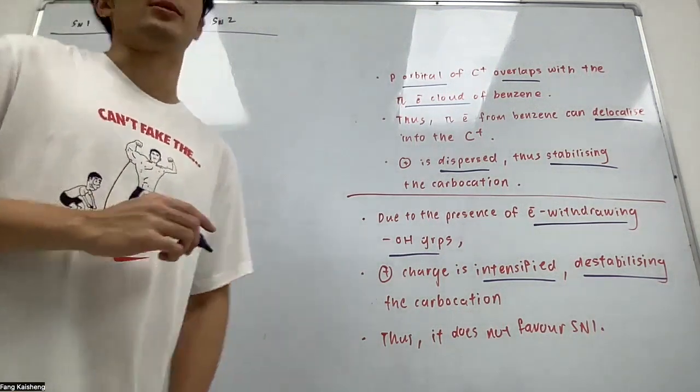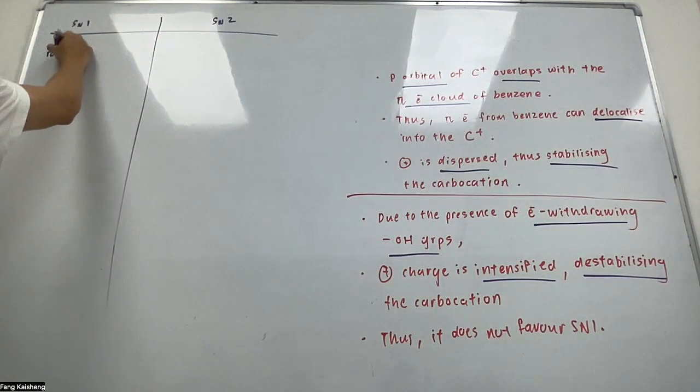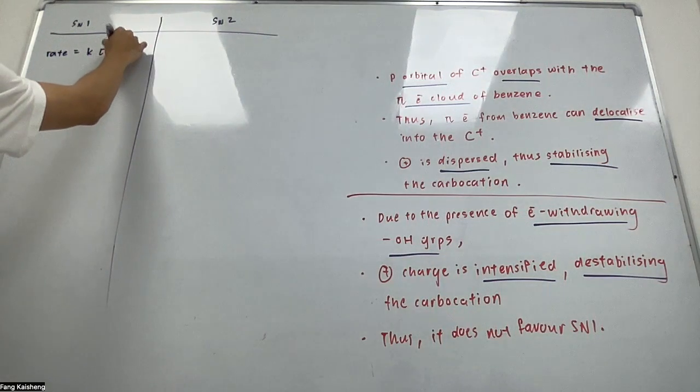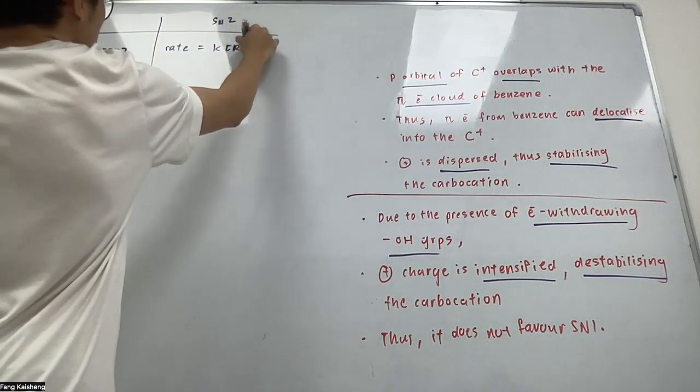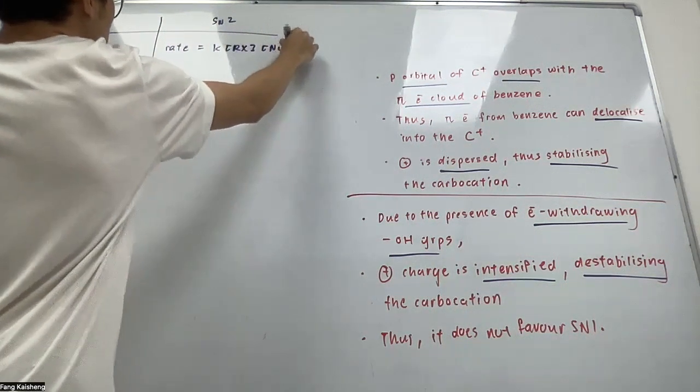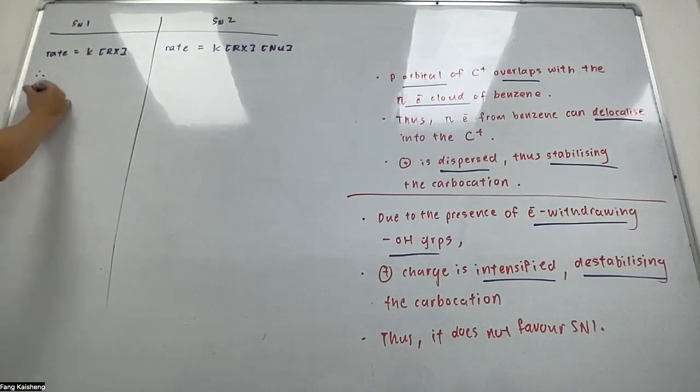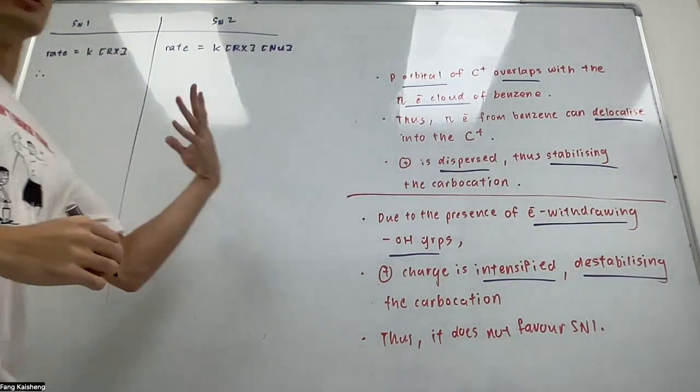The first one, rate is equal to K times Rx. The second, rate equals K times Rx and Nu. Remember the SN2, the 2 represents 2 reactants. There's no intermediate step. So the rate equation looks simple like that, right?